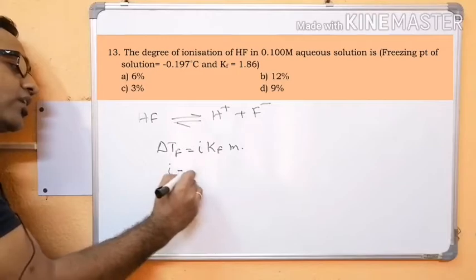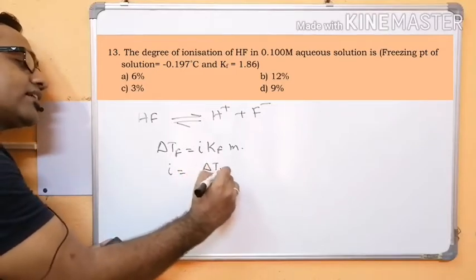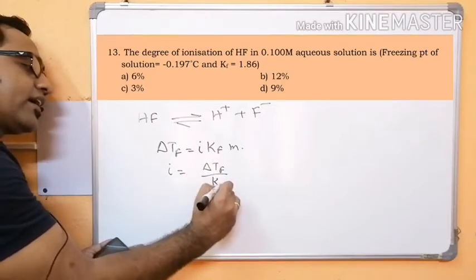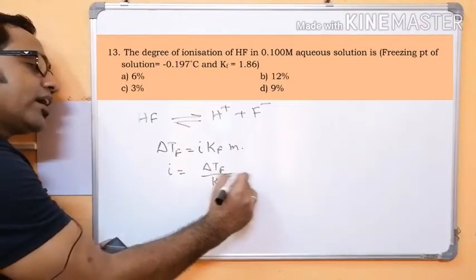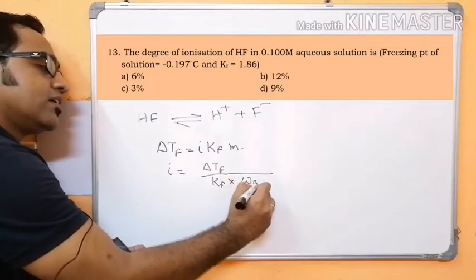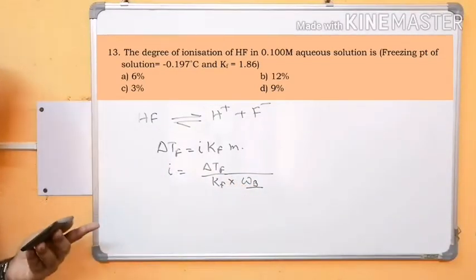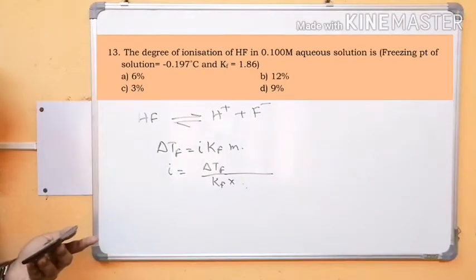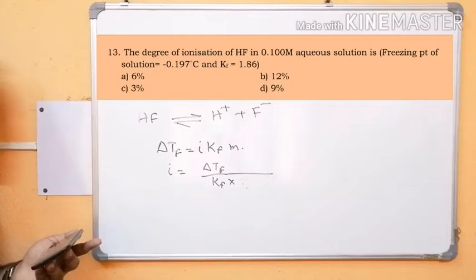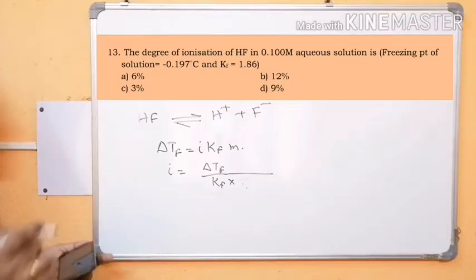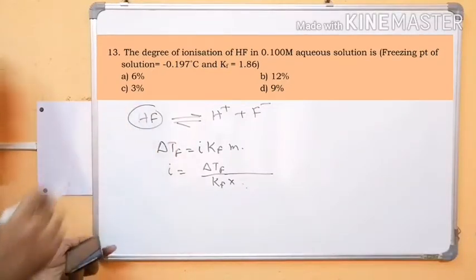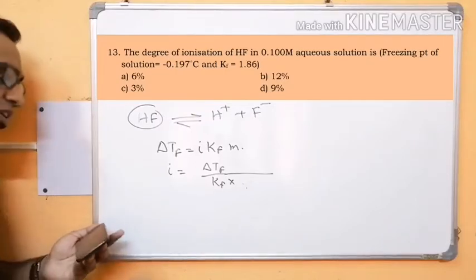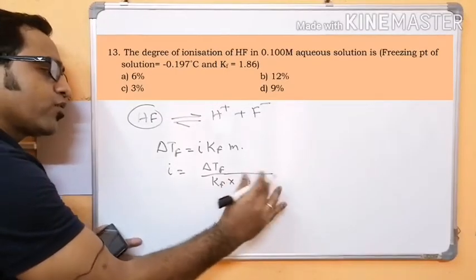So we can find i is equal to delta Tf divided by Kf into m. Now m is already given. Actually here molarity is given, so molality will be the same since it is HF, so we can simply take 0.1.